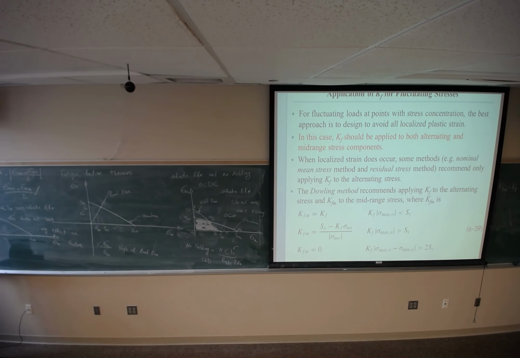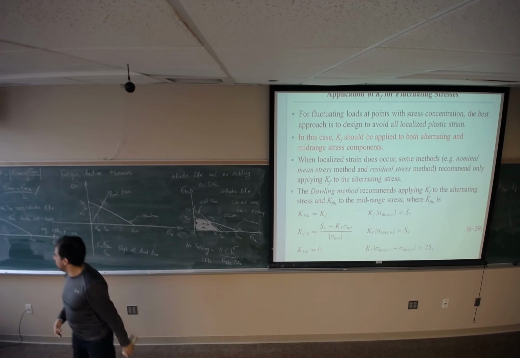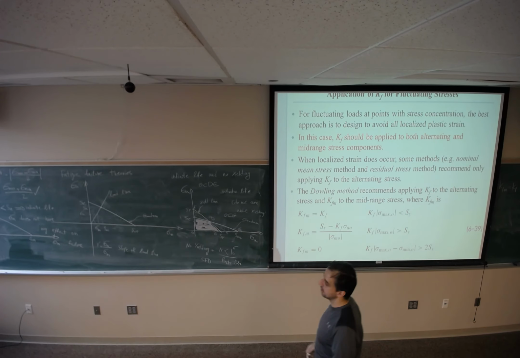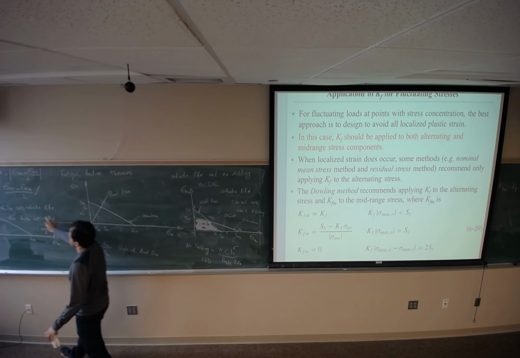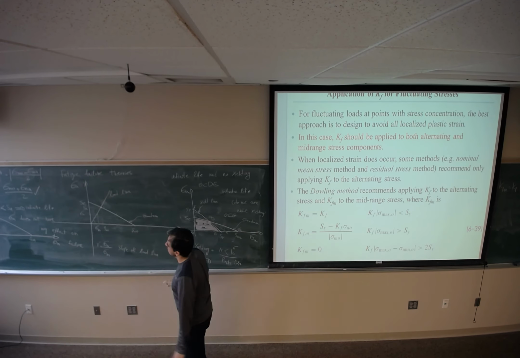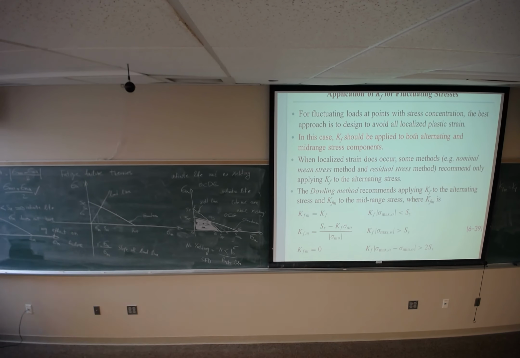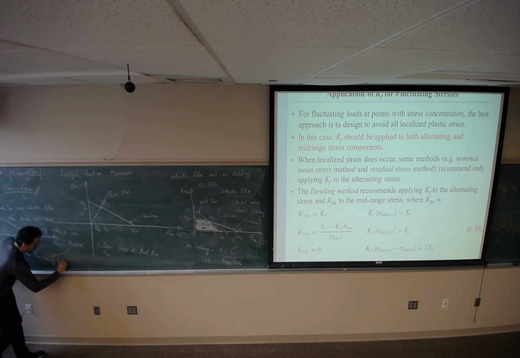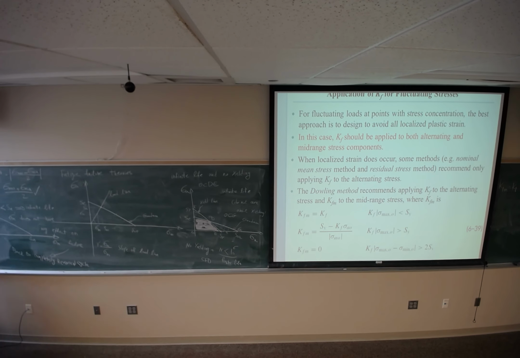So if you do the analysis and calculate sigma A and sigma M, and sigma M is negative, you are going to switch to the completely reversed cycle, because this line is not going to work. So you are going back to the completely reversed cycle.